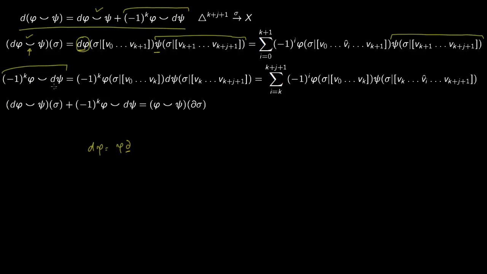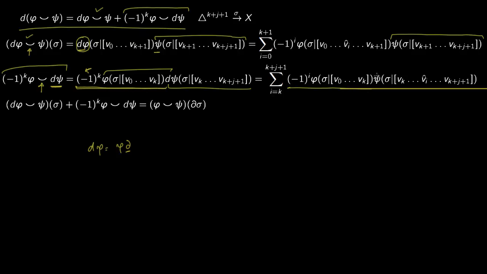Similarly, for the second part, this partial has to be applied to the phi part. So first, the definition of cup product. This minus 1 to the power of k, don't think about it, just put it directly. Now you have the cup product definition. Now you apply d. The first part you keep as such. This part you don't touch, just copy it down as such.